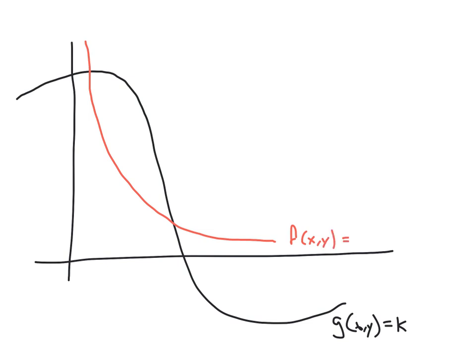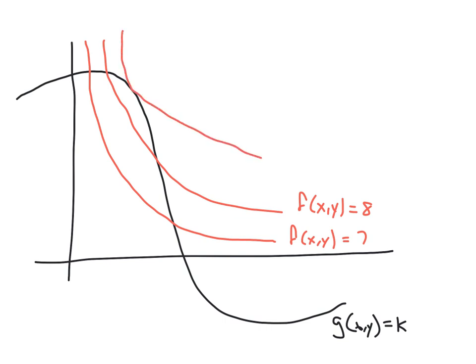Let's say this is the level curve we get by setting f(x,y) = 7. And this is the level curve we get by setting f(x,y) = 8. And this one is f(x,y) = 9. And I'll draw one more. Here's f(x,y) = 10.